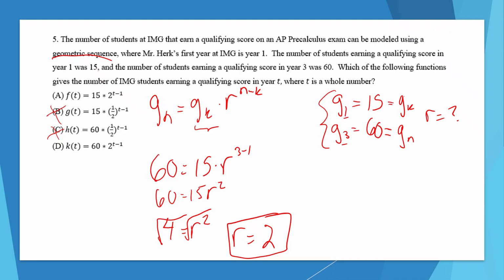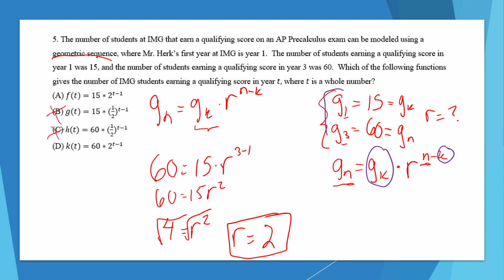And then, what equation would be best? Remember, we set up that same equation again: g of n equals g of k times r to the power of n minus k. Here we're setting up a general equation for g of n, so we leave g of n and n alone. We already know our r value, that's going to be 2. What else are we plugging in? We're plugging in one point for g of k and k.